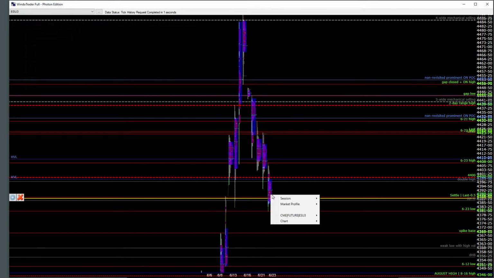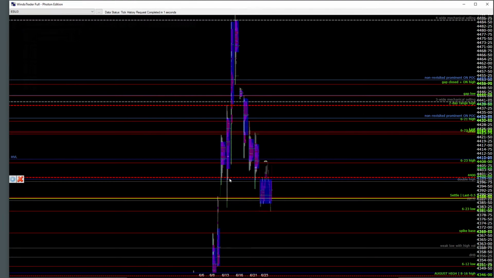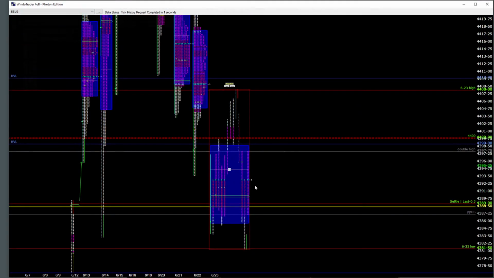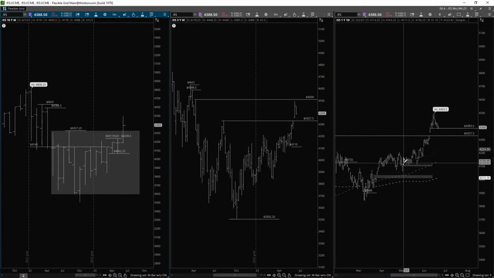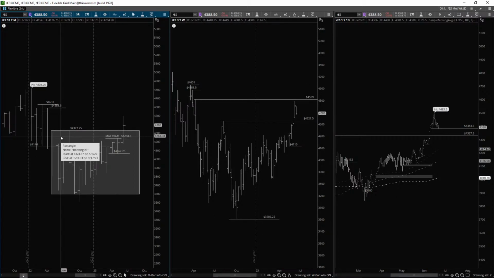If you see the intraday, how do you approach a market in the intraday session? It's the same way you approach a market in the daily, weekly, and monthly time frames.